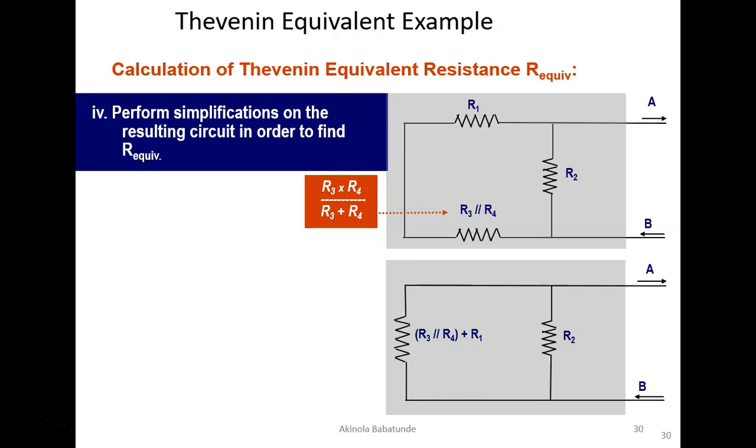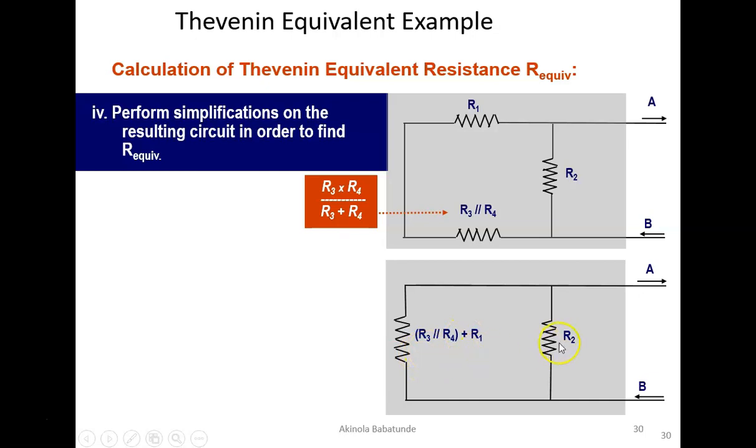So this is what happens when you short the circuit. This is short. So you have R1, you have R3, and then you have R3 parallel R4 here. Whatever current comes into this R3 parallel R4 will be equal to the current passing through R1. So R1 and R3 parallel R4 are in series, and you can see we have R1 plus R3 parallel R4.